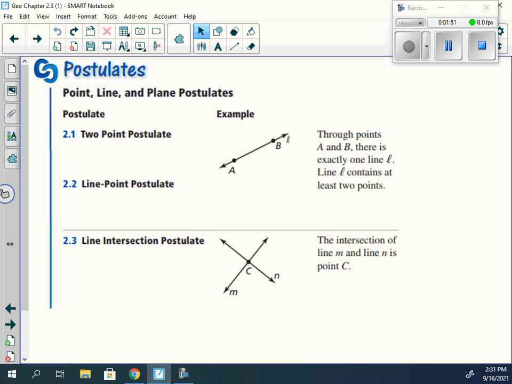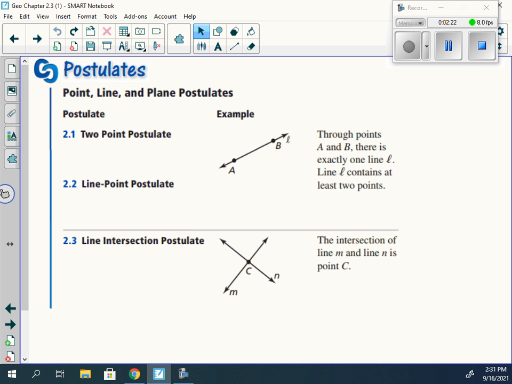The postulate and reference sheet is going to be a resource tool that you can have, and you will be able to use it along with the review sheet on the test, because I'm not expecting you to memorize all the postulates we will look at today. So you can utilize that sheet to look back on it.